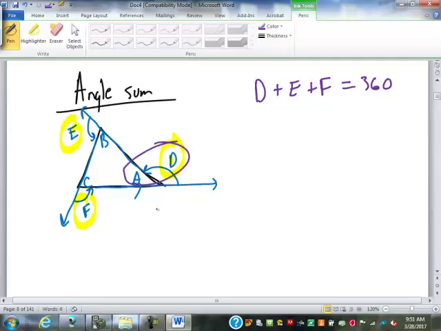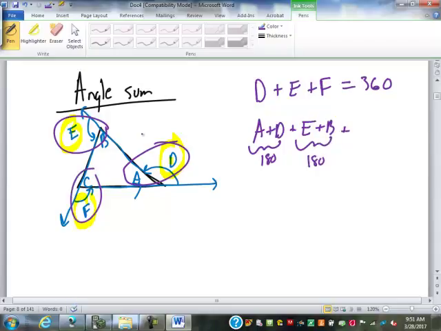What do these two have to add up to? 180. So that's 180. What do these two have to add up to? 180. What do these two have to add up to? 180.